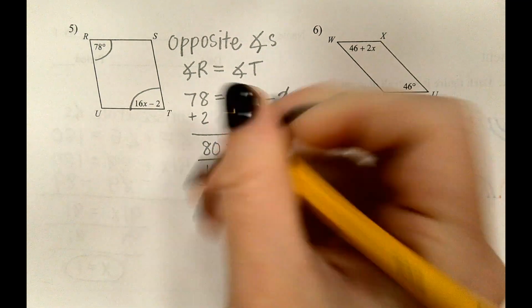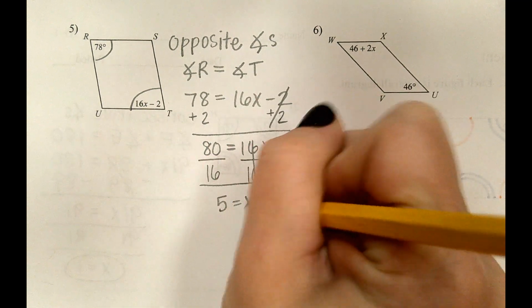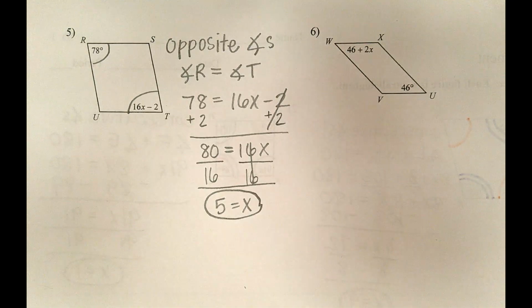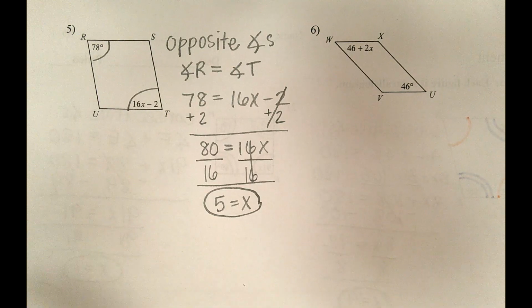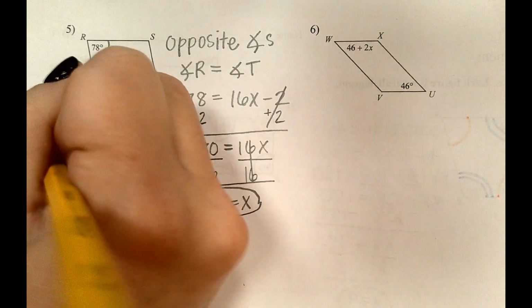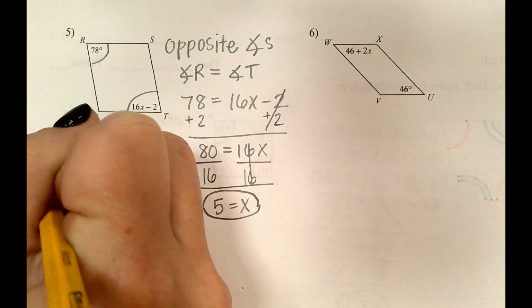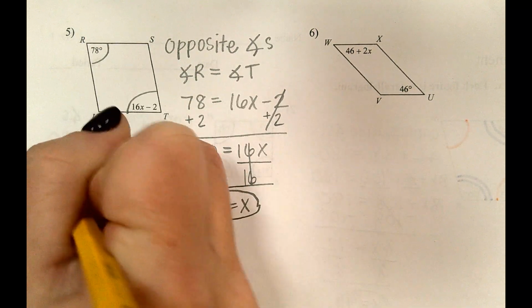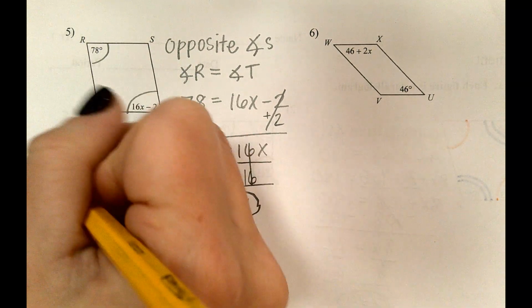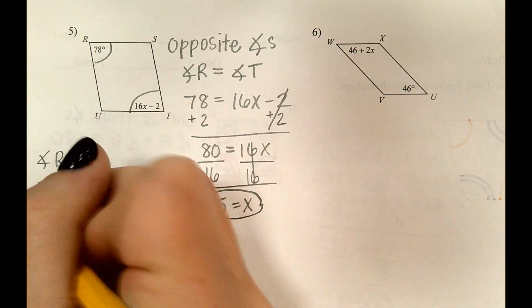X equals 5. Perfect. So angle R is 78. Angle T is equal to that, so it must also be 78.